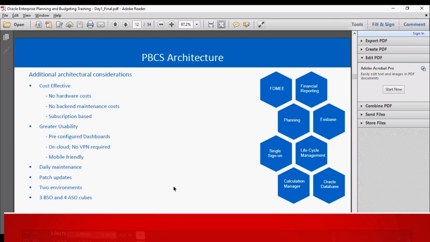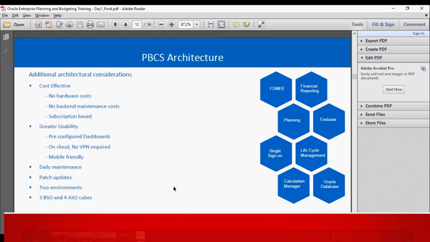Okay, the next one is the patch updates. If any improvements are to be done in any of the modules or parts of the application, Oracle releases monthly patches to the application for performance improvements. The world is growing and there may be new requirements and new creations being done, and Oracle is also introducing new features day by day, and Oracle releases these on a monthly basis.